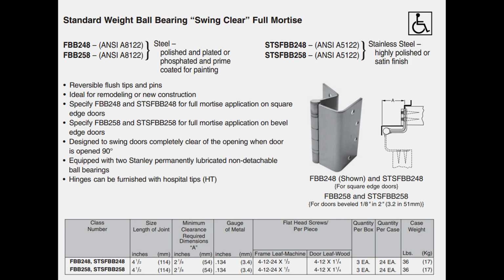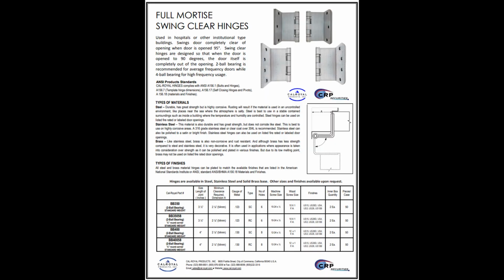So what's interesting is the majority of times that we sell swing clear hinges, it's in a 3.5 inch or a 4-inch size, and it's for a residential application where someone is now in a wheelchair.